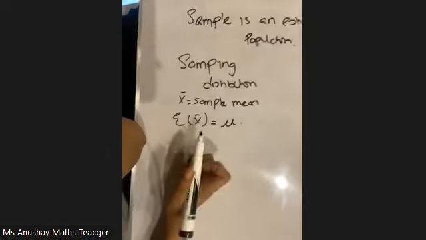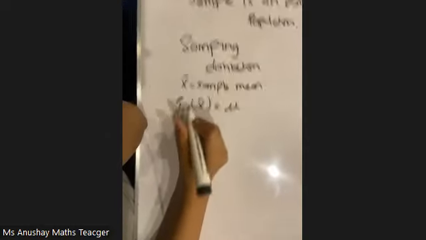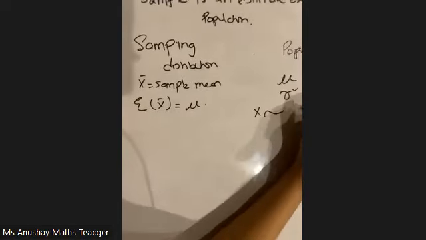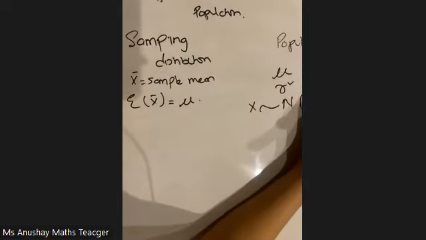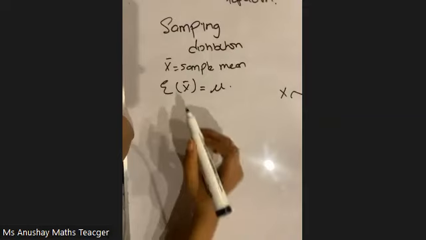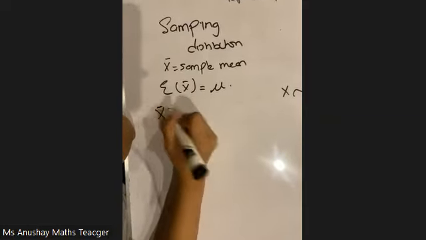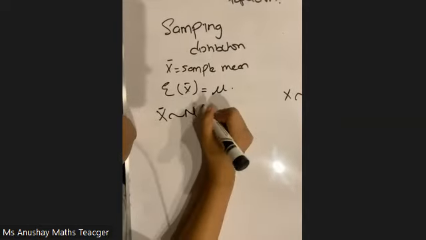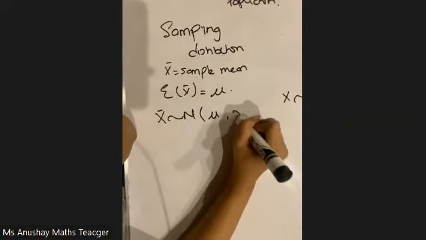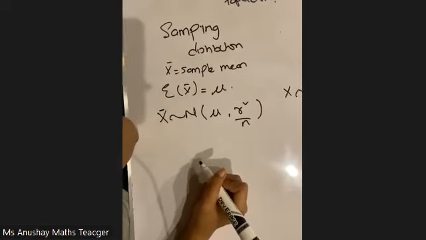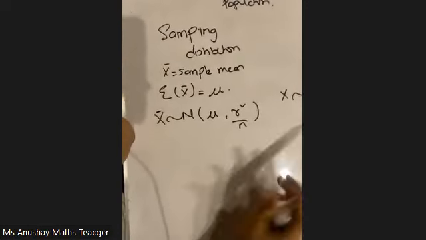Do you remember, x would follow a normal distribution with mu and sigma squared. Over here the difference is that x bar will follow the normal distribution with mu and sigma squared over n.